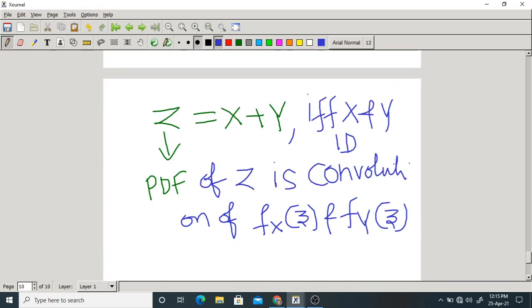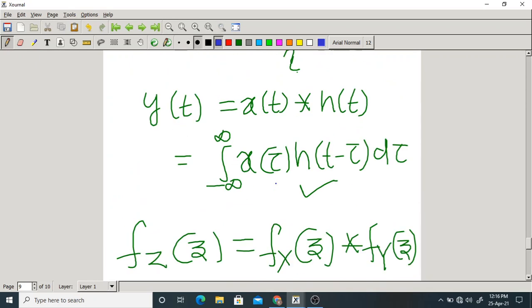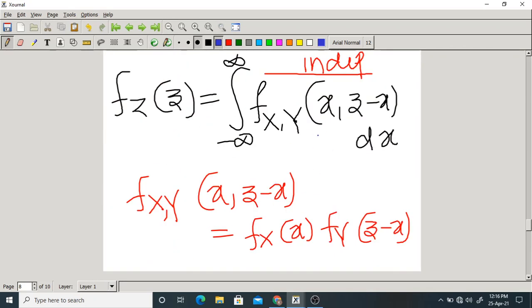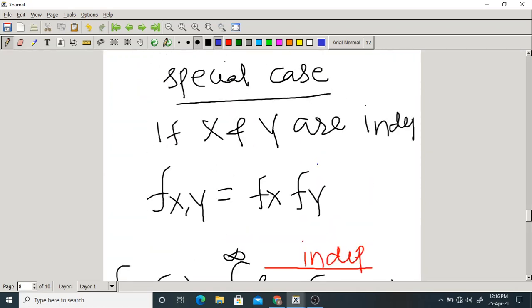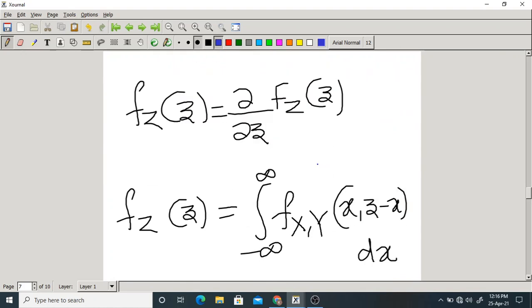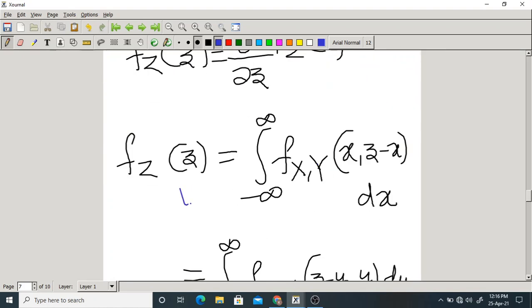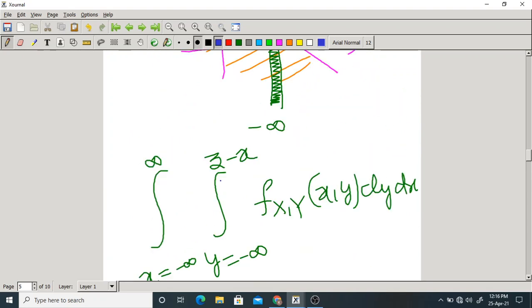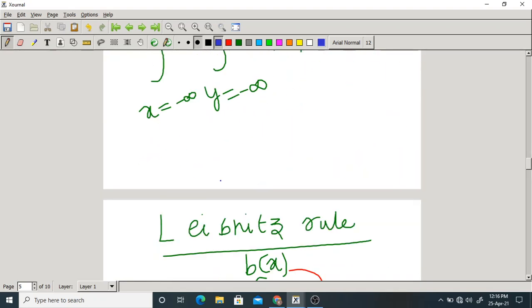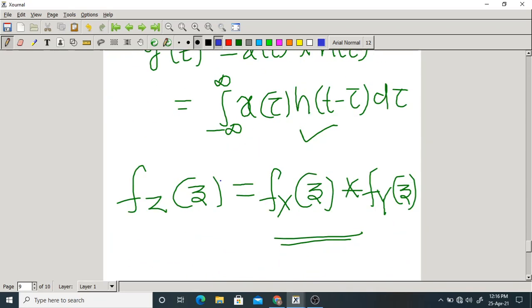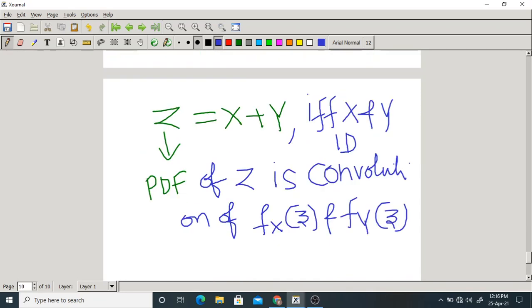If they are not independent, what is the formula? This formula or that formula? These are two formulas, and the other one is where I have written earlier. So please remember, this is very important.